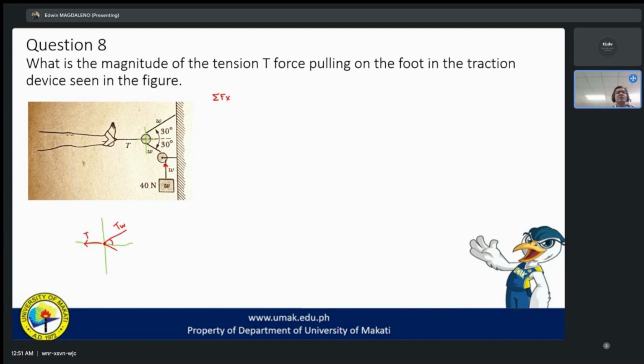And another here, tension also due to the weight. So, these are two tensions due to the weight. So, since this is statics, along the y, we have the same tension TW. So, this is TW along the y, this is also TW along the y, which is equal. So it will cancel each other out. And it has no effect on the tension T.